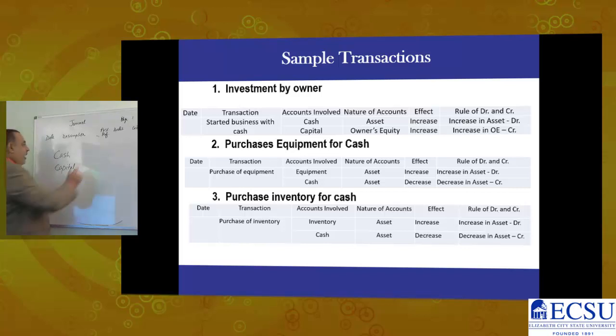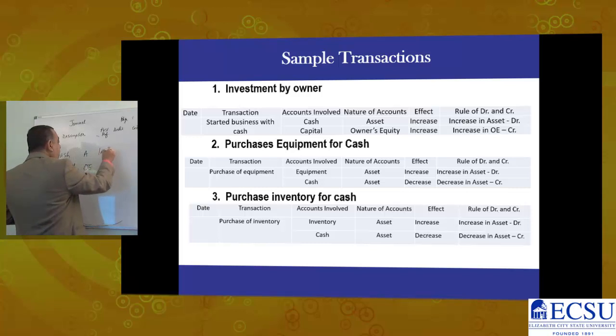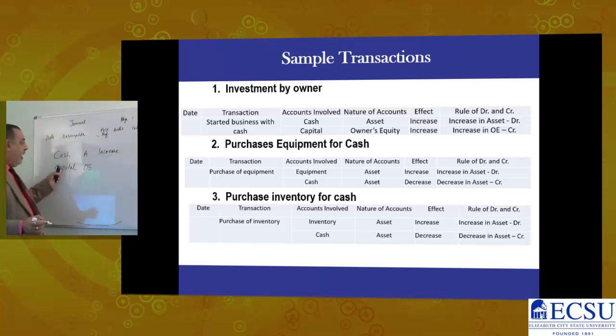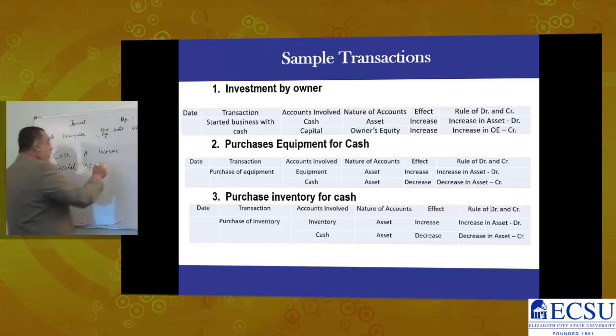Now, what is cash? Cash is, of course, an asset. What is capital? Of course, it is owner's equity. So now, the point is whether it is increasing or decreasing. The business is getting the cash, so the cash is increasing for the business, and capital was zero because we did not have any business so far, and now it has increased with the amount of investment, so that is also an increase.